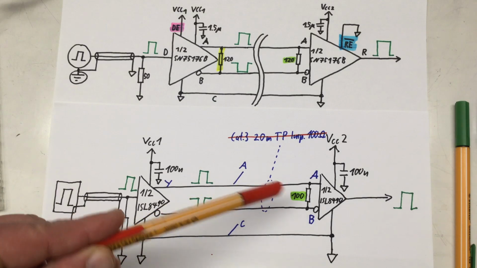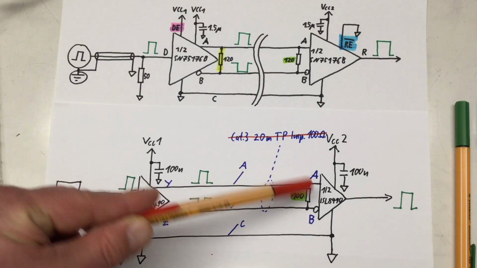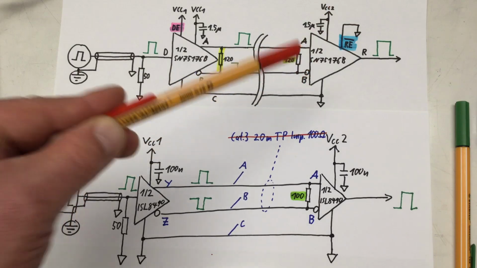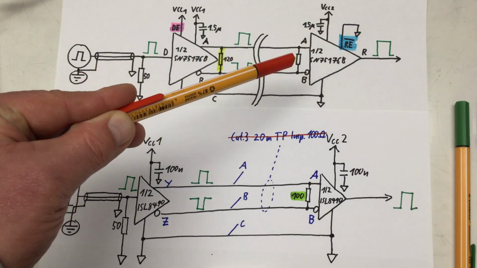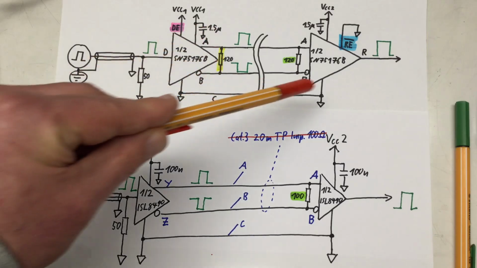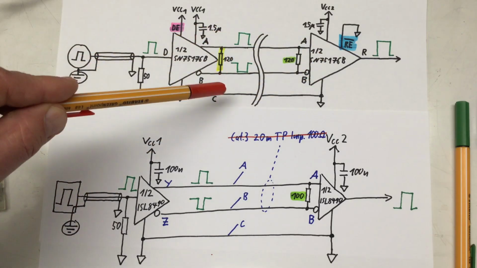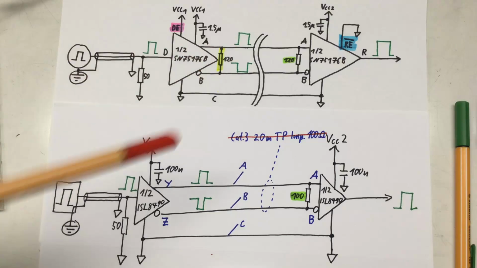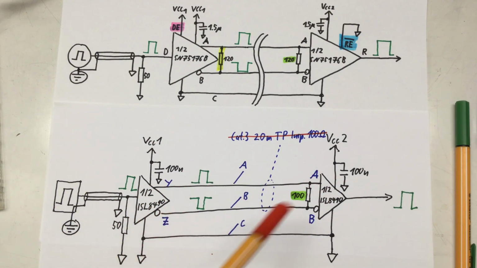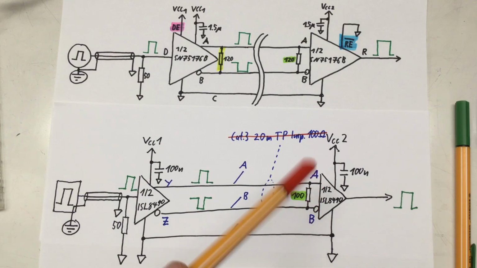First, RS-422 uses 100 ohm resistors for termination, while RS-485 uses 120 ohm resistors. Second, an RS-485 transmission line is terminated on both ends, while an RS-422 transmission line is only terminated at the receiver end.